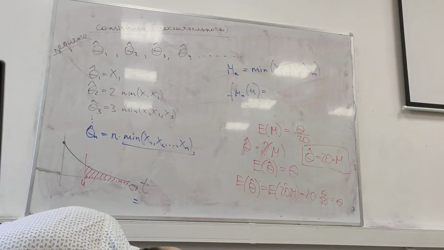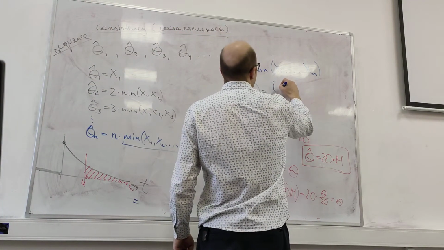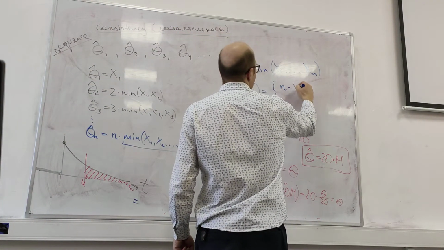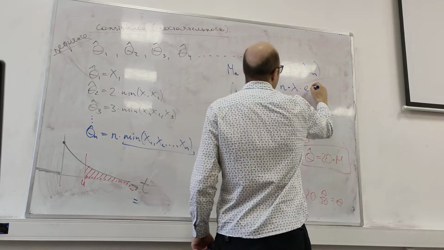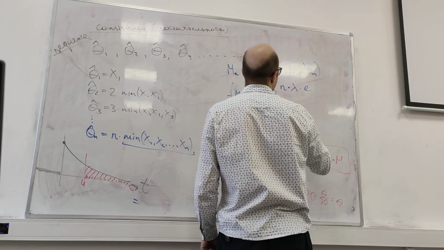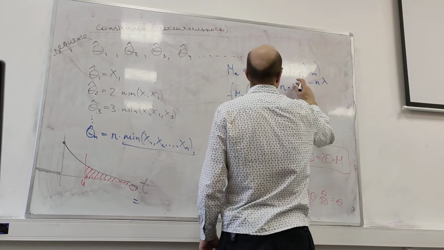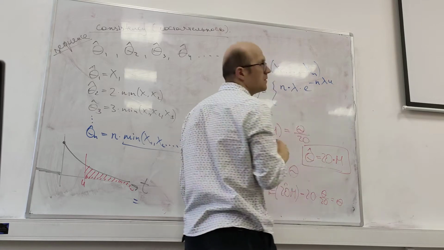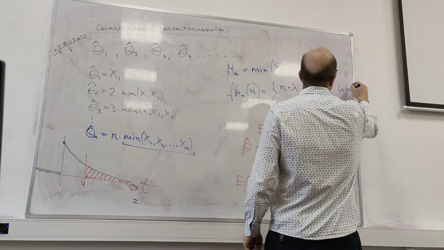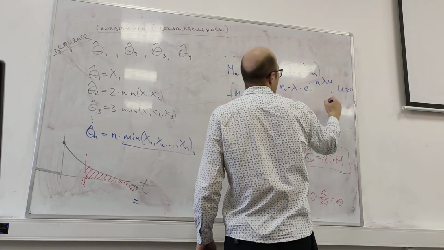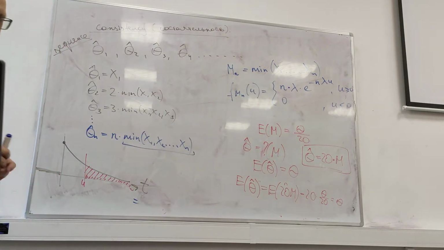It is n multiplied by lambda times e to the power minus n lambda u, for positive or non-negative u, and 0 for negative u. Okay, this is the density function.